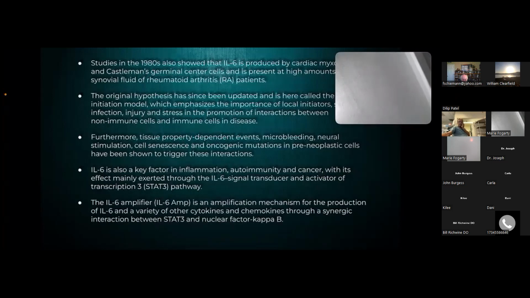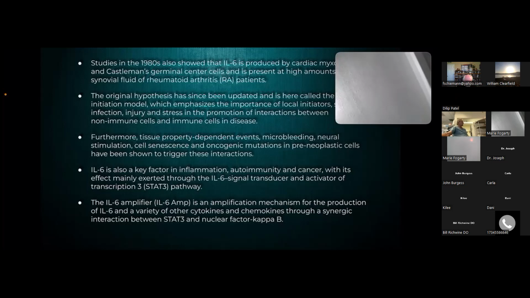The interleukin-6 amplifier is an amplification mechanism for the production of interleukin-6 and a variety of other cytokines and chemokines through a synergistic interaction between STAT3 and nuclear factor kappa B, B for B cell. That kind of makes sense too.